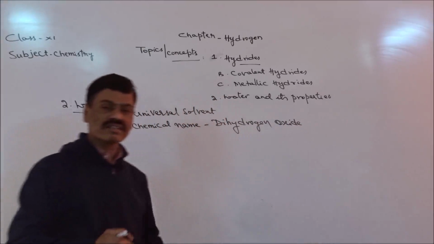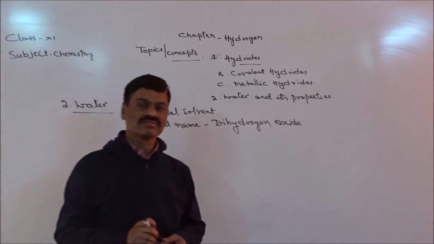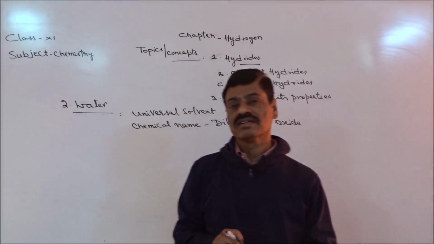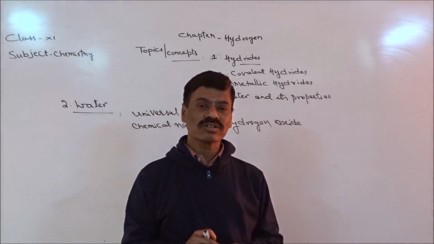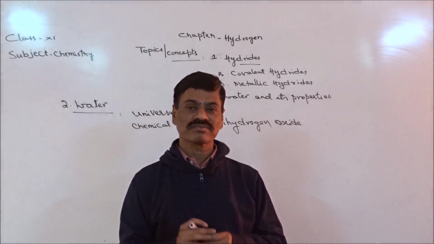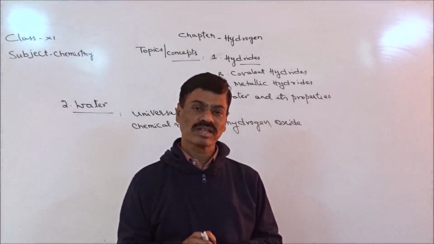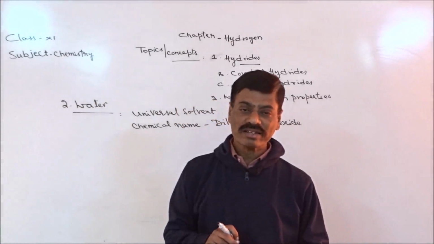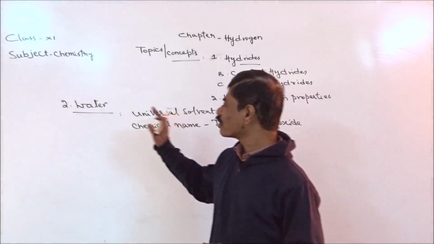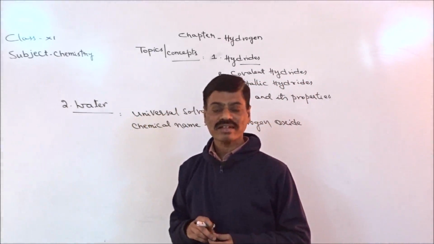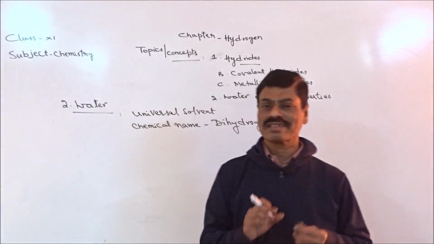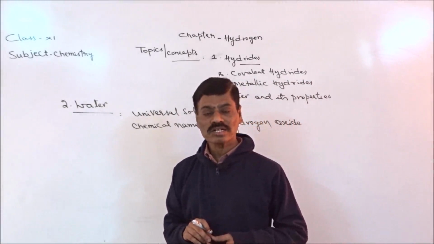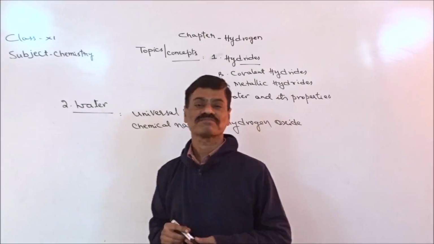If water doesn't exist, then plants cannot exist, animals cannot exist. Since we are heterotrophs, not autotrophs, we depend on plants for food. When plants cannot exist, then we too cannot exist. That means, if water is not there, then we cannot exist. That way water plays a vital role in the biosphere.